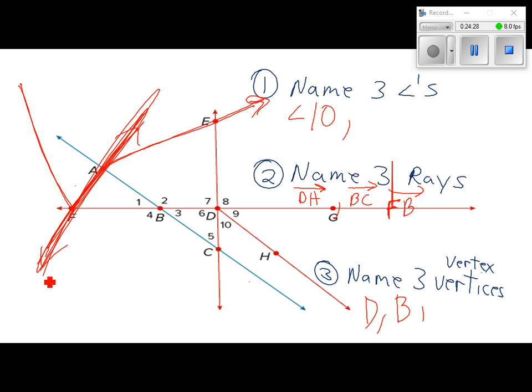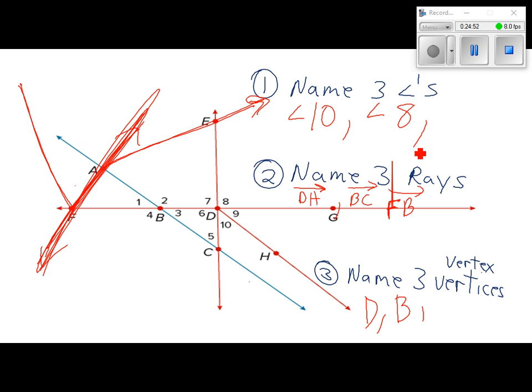Josh, I haven't picked you yet. Number 1. 8. So angle 8. Everybody agree with that? Madison. You with us?